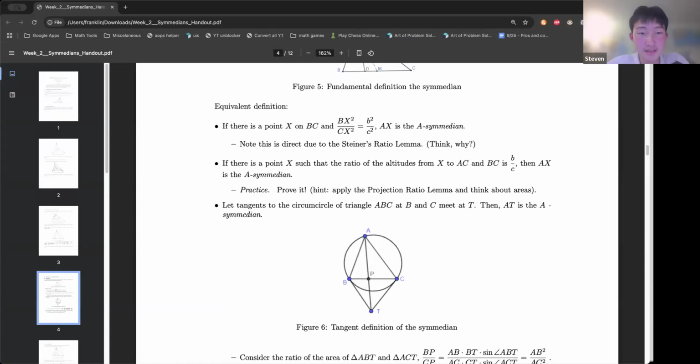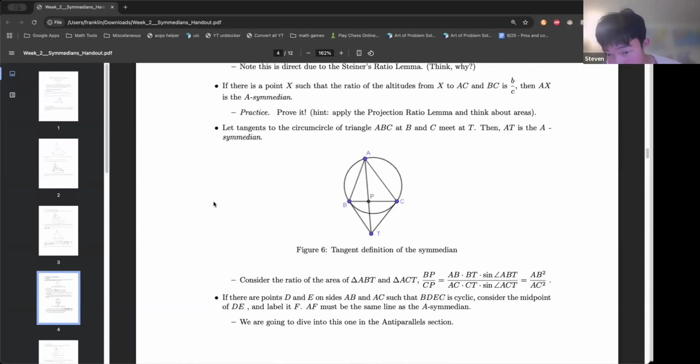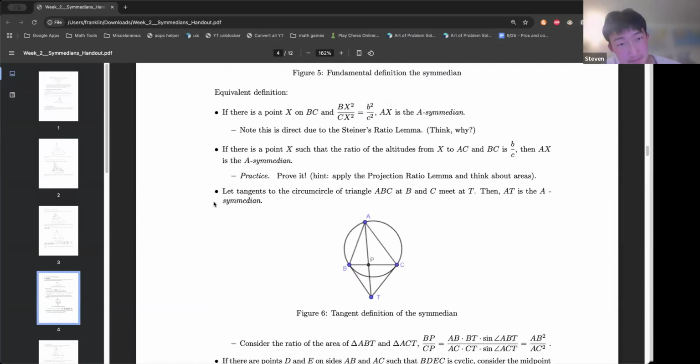All right, awesome. So now let's cover the second equivalent definition. Can we use the angle bisector theorem? Can you elaborate on how you plan to implement the angle bisector theorem? Hello, Kel.